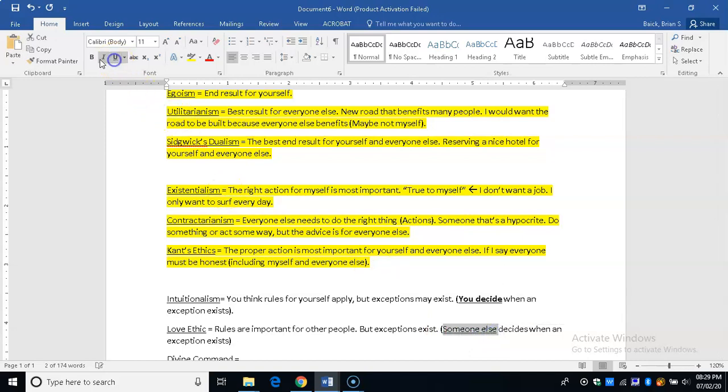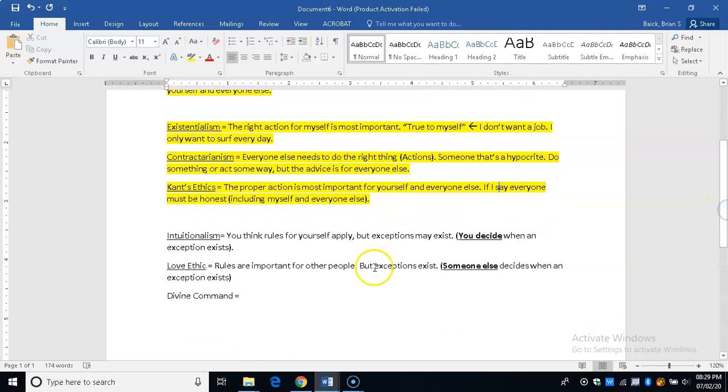Okay, so people get caught up with the terminology and they look at the word love. So does love have something to do with this? Not necessarily. This is just the nomenclature that's used. So let's say that I think it's important to always eat healthy, but sometimes I can bend the rules and make an exception.